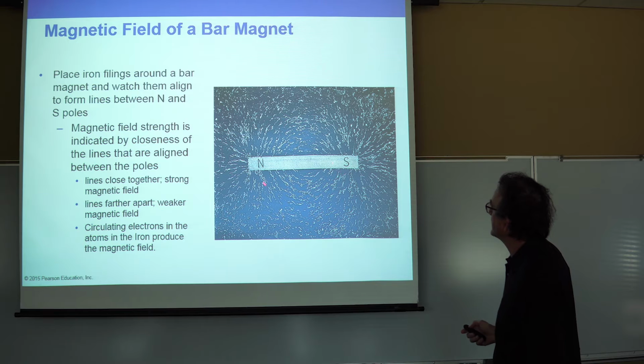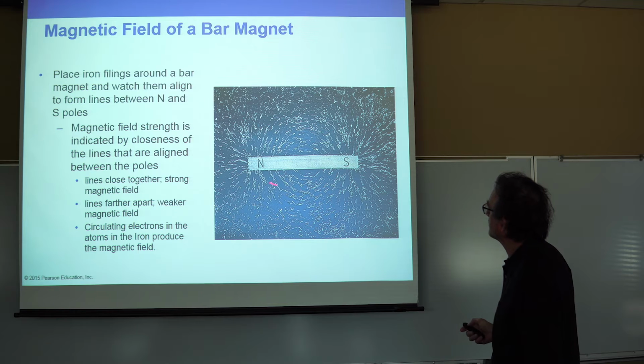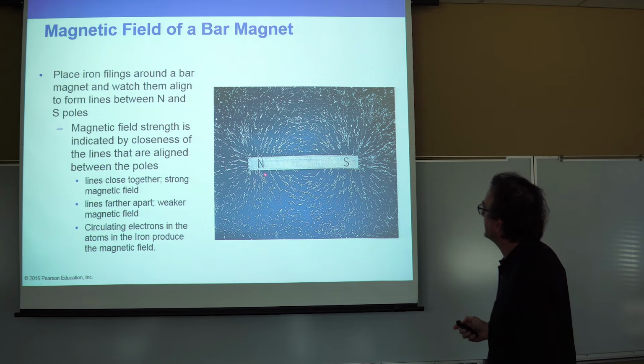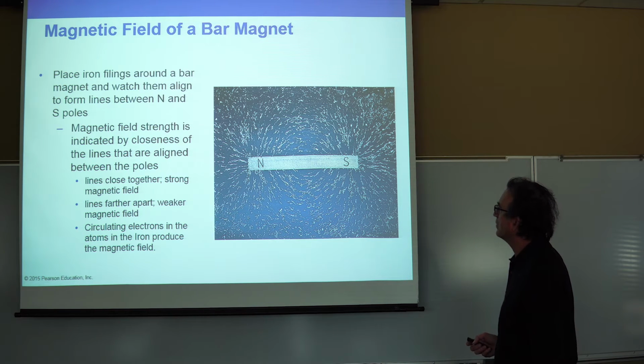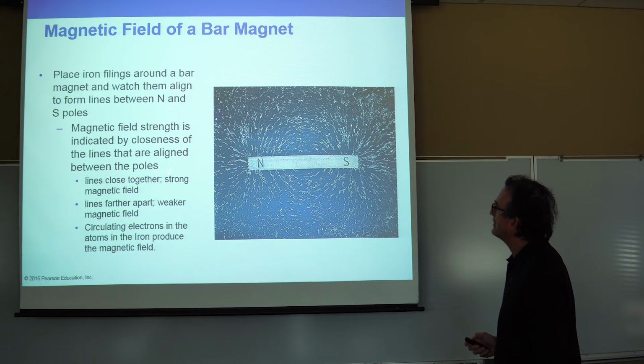So you can see that if I were to draw arcs across here from north to south on the upper side of this graph, and on the lower side they form arcs, all of which terminate on the north and south, or the ends of the magnet, which we now call a north pole and a south pole. And the strength of the magnetic field is indicated by the closeness of the lines between the poles.